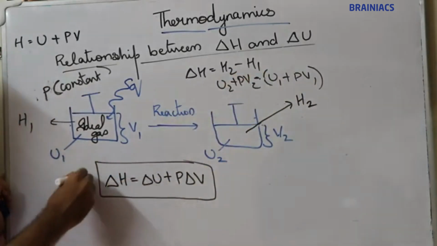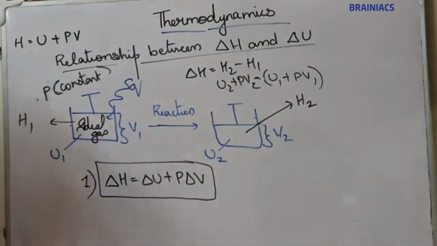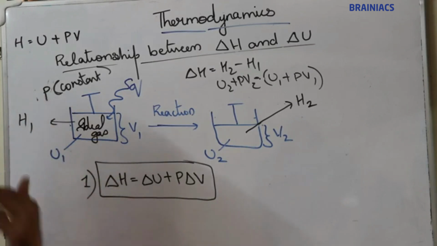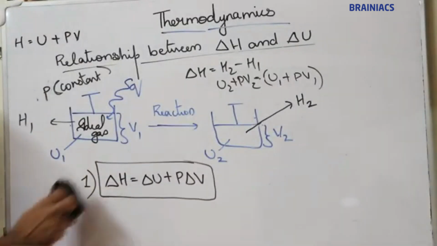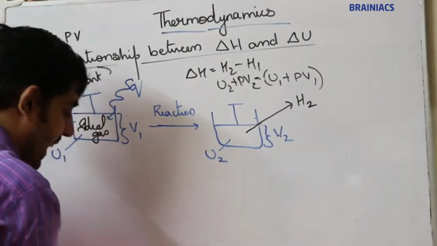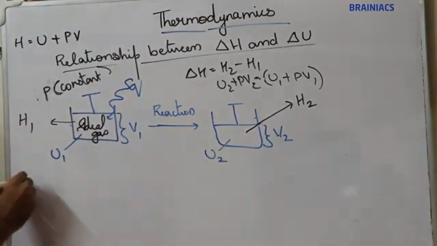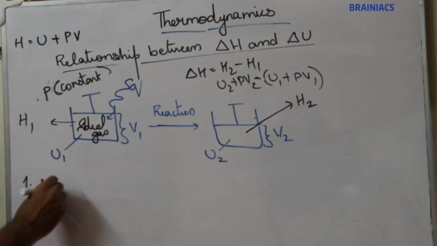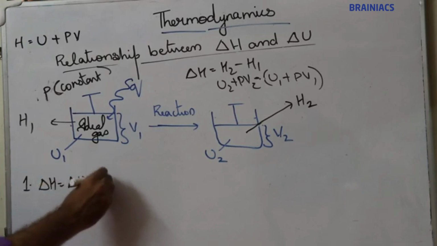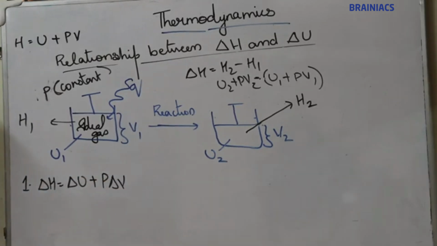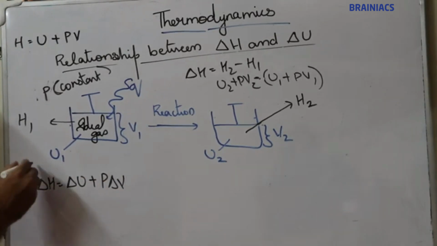So this is the first equation relating delta H and delta U: delta H is equal to delta U plus P delta V. We already derived this equation in our previous class. So moving on to the second equation.